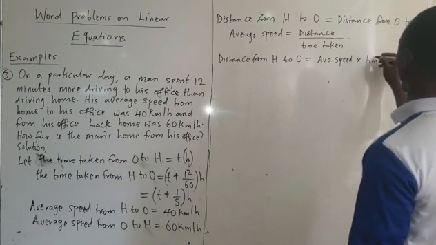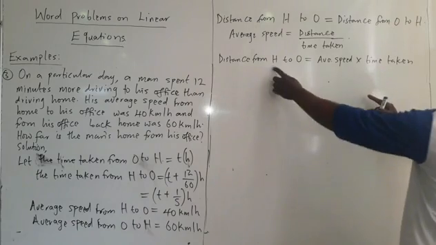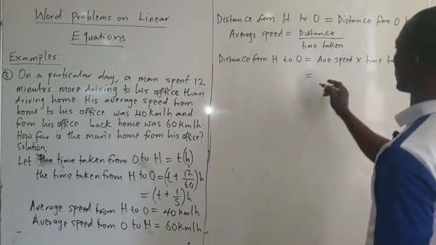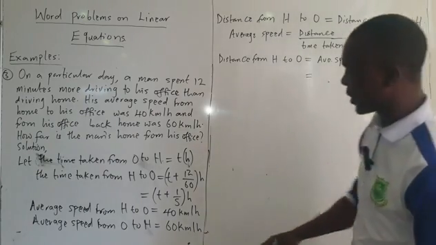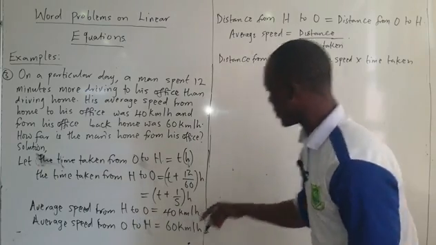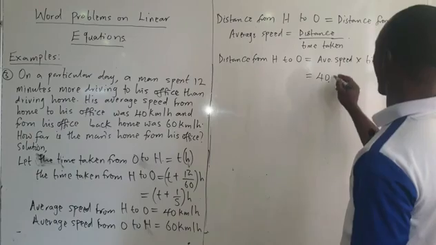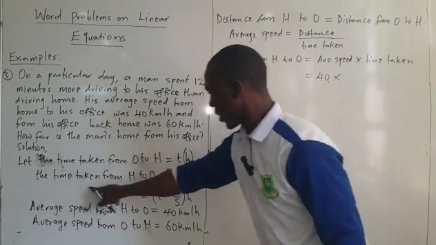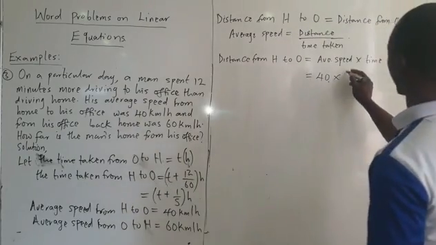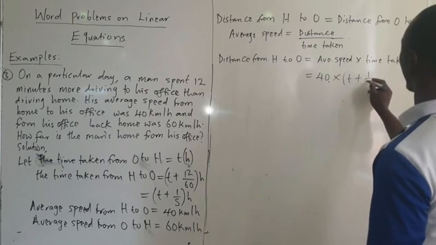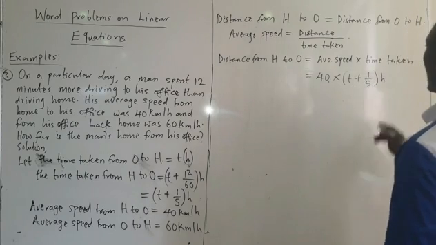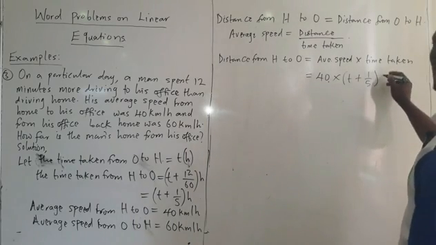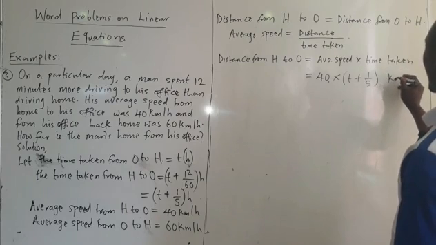The average speed we are referring to here is the average speed from home to office, that's 40 kilometers per hour, multiplied by time taken from home to office, that is T plus 1 over 5 hour. So the distance will be in kilometers.